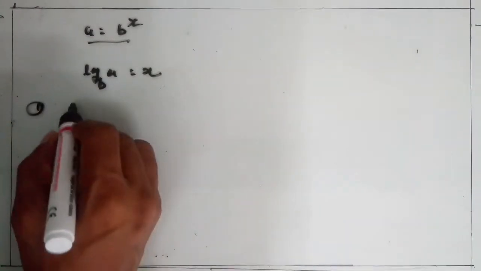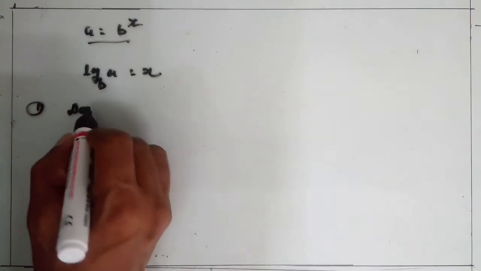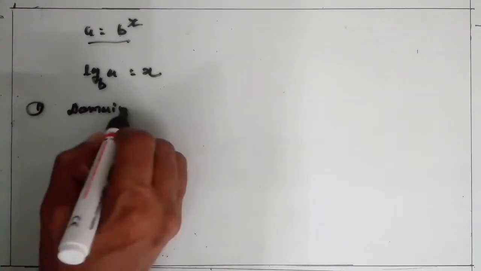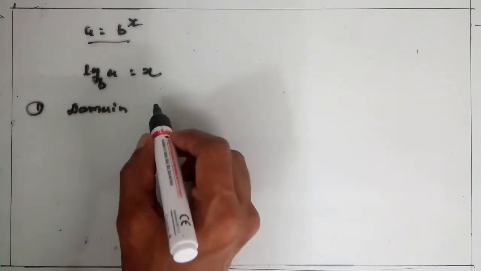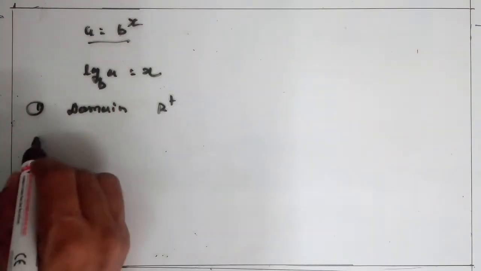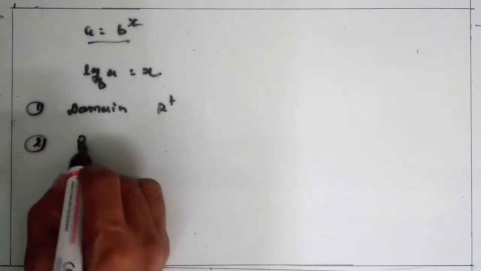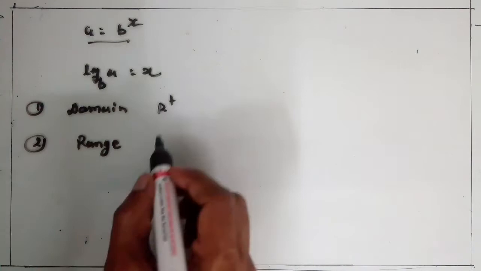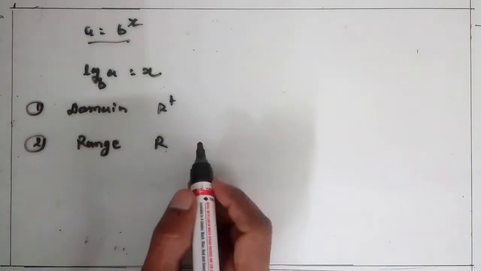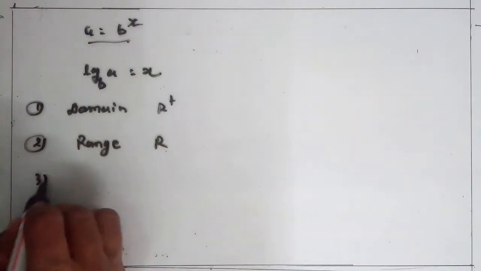First, the domain of the logarithm function is always positive, so R+. Number 2: the range of the logarithm function is any real number, so R. Clear?